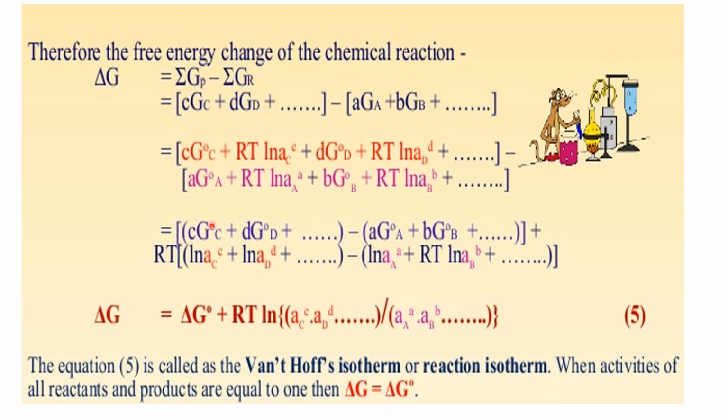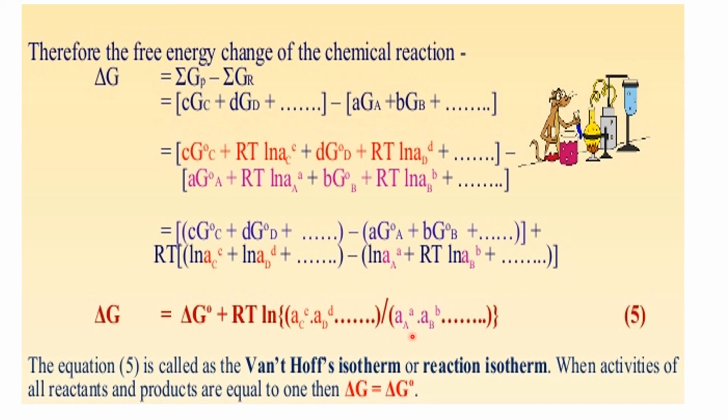So we substitute the values and we get delta G is equal to delta G0, the standard free energy change of products and reactants, plus, taking RT as constant, RT ln activity of the products divided by activity of the reactants.